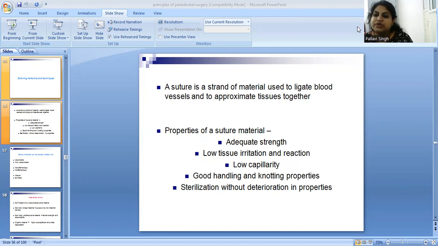Suture material acts as a foreign material, and because of capillary action it can draw in the surrounding fluids and bacteria. So it again creates a problem. Good handling and knotting properties, because if the knot is not properly secure, it can cause secondary hemorrhage. And sterilization is very important.